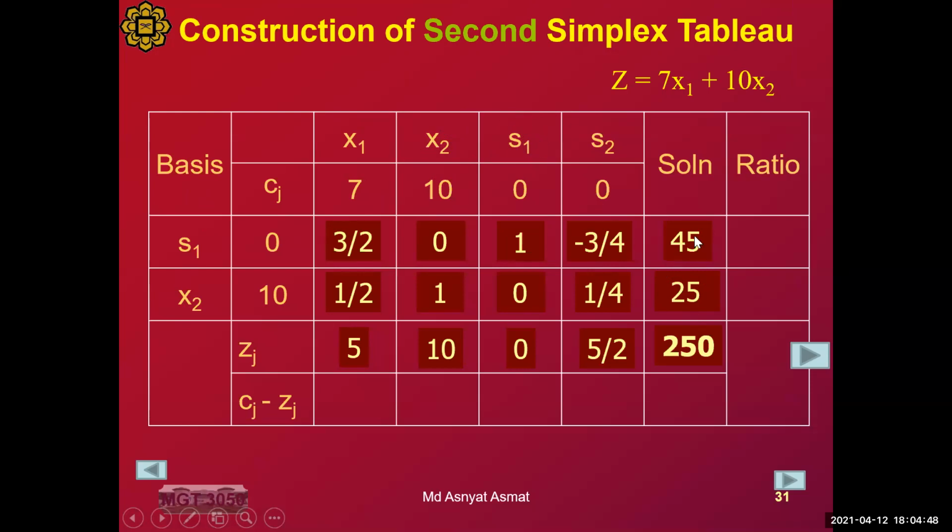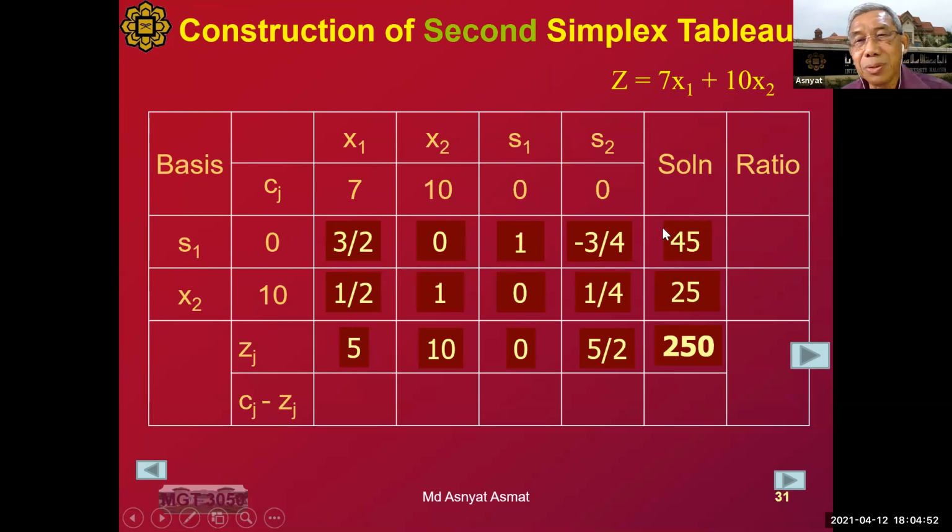45. Look, the number reduced. Now it is reduced to 45 hours left because some of the carpentry hours have been used up to produce 25 units of tables. X2 represents tables, so this 25 represents the number of X2.